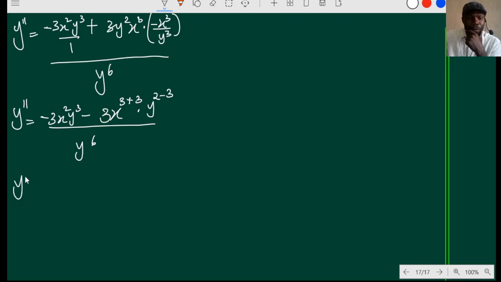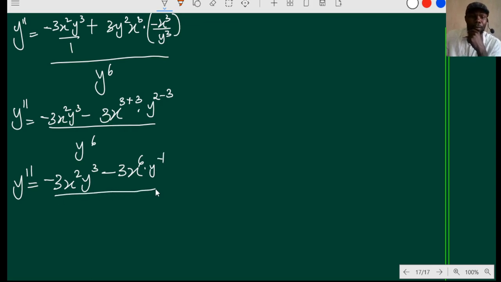So therefore, y prime 2 is minus 3x squared y cubed minus 3x raised to power 6 dot y minus 1 over y raised to power 6.